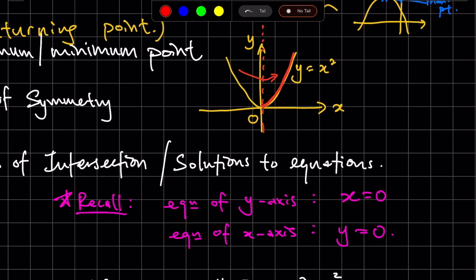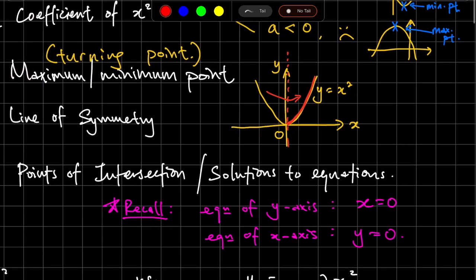So this is how we describe lines. You need to be very good at naming vertical and horizontal lines, because this will be quite important in our line of symmetry, especially vertical lines.